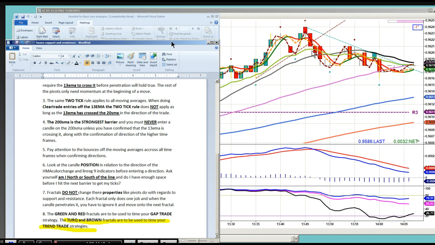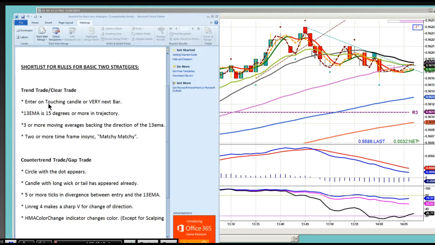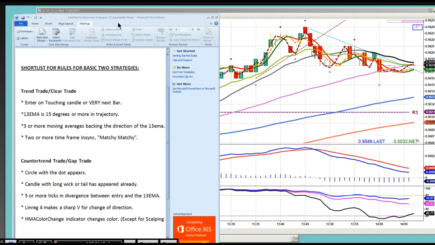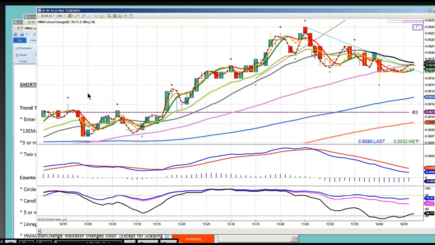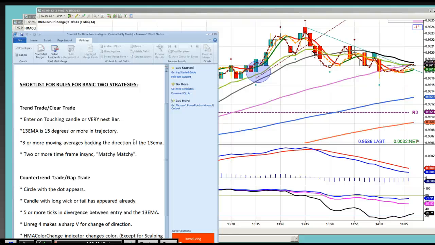So if we look at it like this, here you are ready to do your clear trade strategy, and what you're looking for is the touching candle off the 13, right? You can see your Linrex crossing, candles are pushing through your HMA. You got 3 or more moving averages back in the direction, okay? Two more time frames matching, so your 3-minute will be in sync at this point.